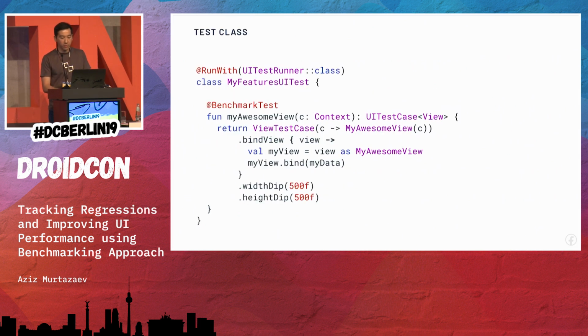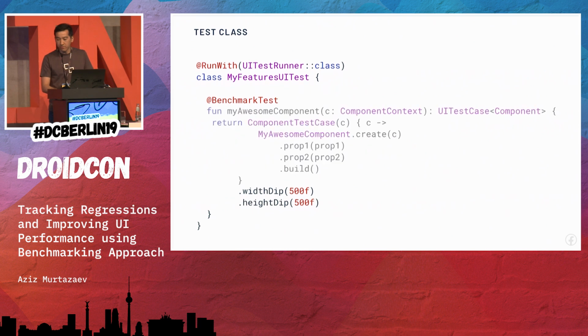So let's look at how the test class would look in the case of Litho. So this is the previous example with views. You have the view test case, a lambda for creating the view, and a lambda for binding the view. And when you replace it with Litho components, it will be just one lambda, which is the way to the rendering function of the Litho code.